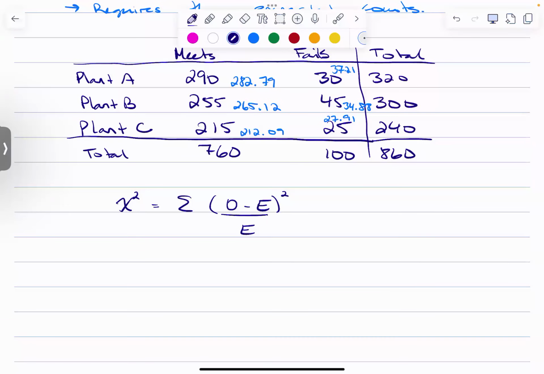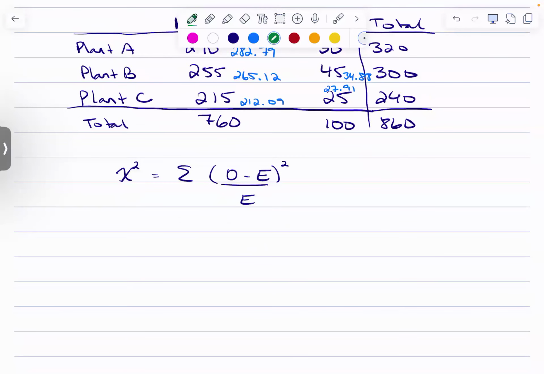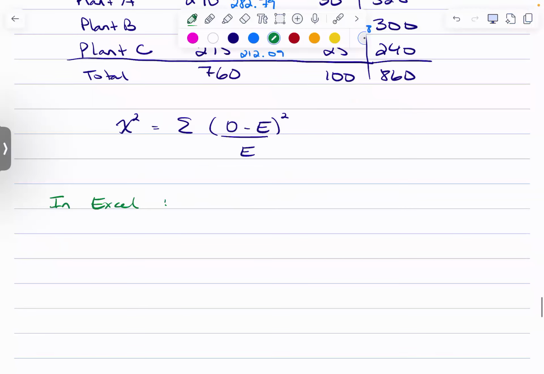I don't feel like doing that with 1 minute to spare potentially. And so we can also use, in Excel, there's a chi-squared dot test function.